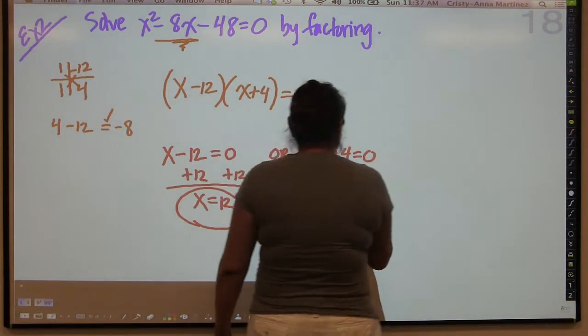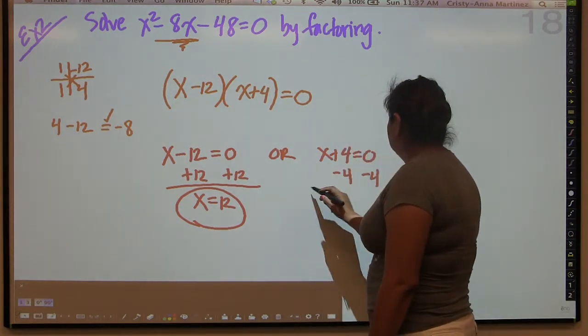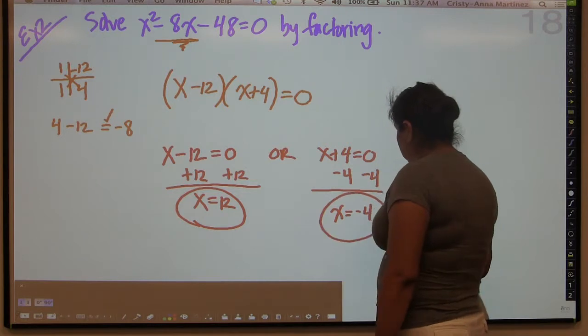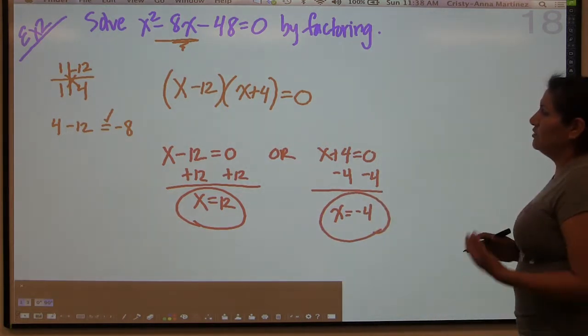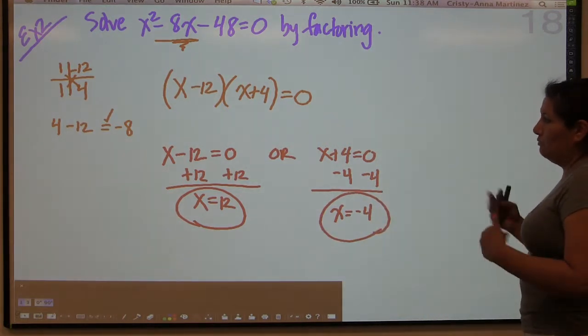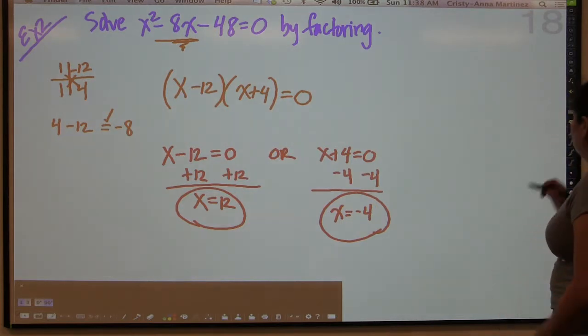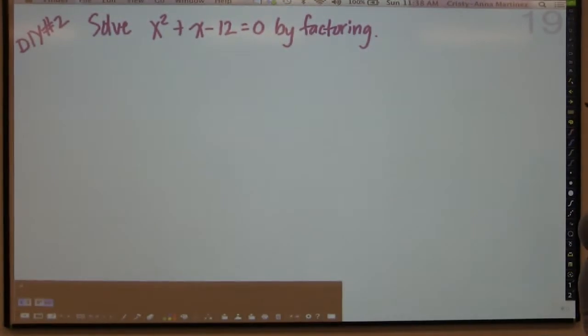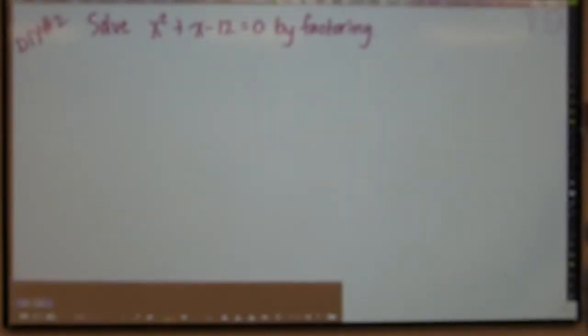And over here, I subtract 4 from both sides. And x equals negative 4 is my second solution. So in this case, you have to factor first, and then you can proceed like the first example. So now you can try this one. And then I'll show you one last example, which is this guy.